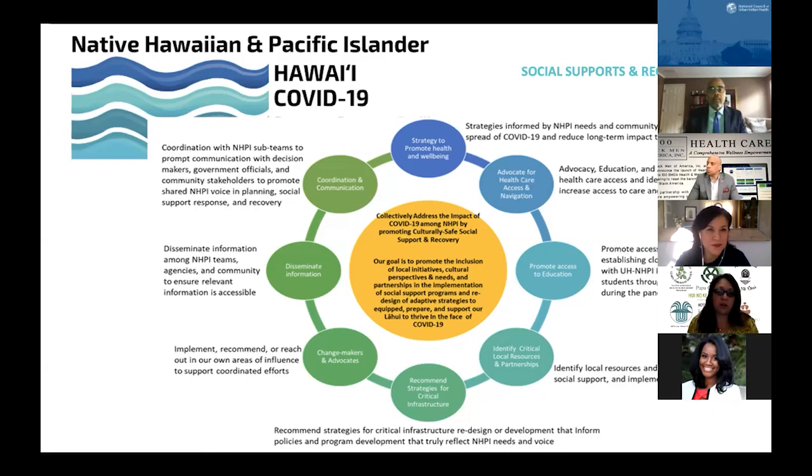And so we are looking at creating a recovery plan as part of that committee's work, which we are planning to share with our legislative and our policymakers, just to kind of help them lay out a pathway for that. Next slide.